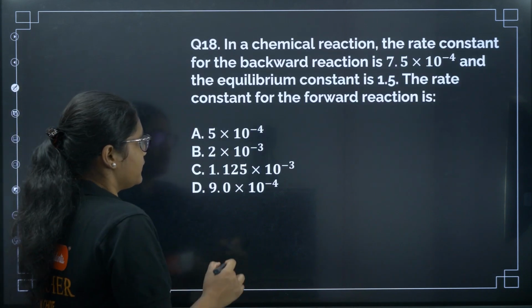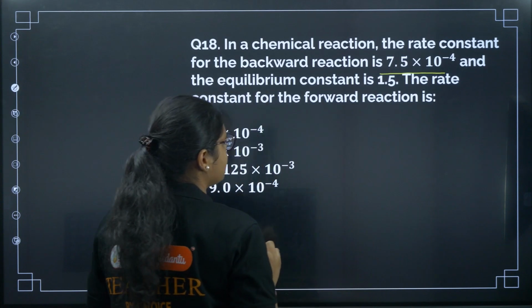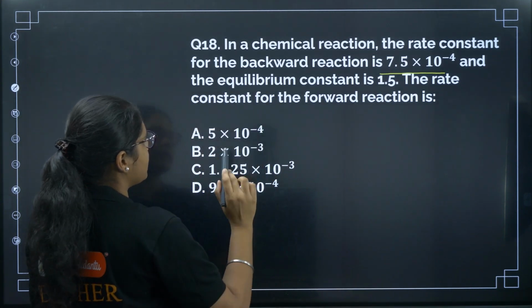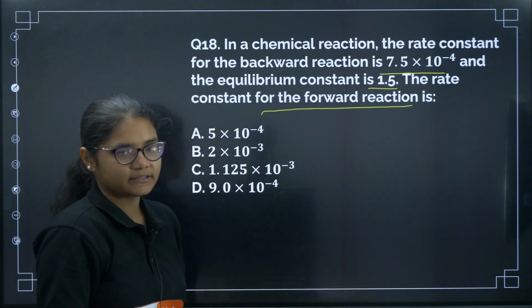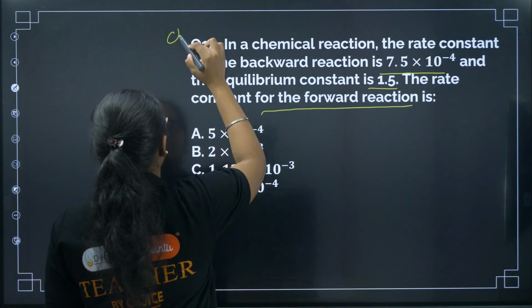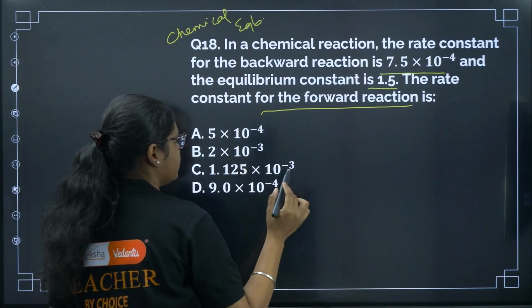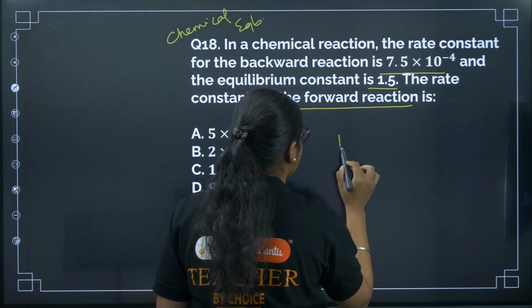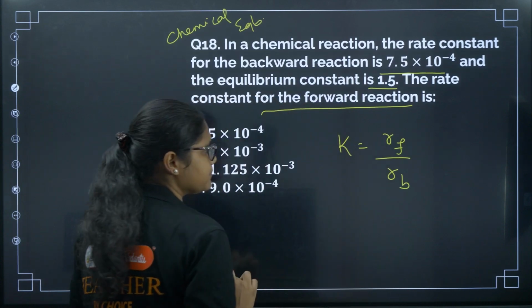Next one. In a chemical reaction, the rate constant of the backward reaction is 7.5 into 10 to the power of minus 4, and the equilibrium constant is 1.5. The rate constant of the forward reaction is? So this question is again from your chemical equilibrium. Okay, easy question. We know equilibrium constant is equal to rate constant of forward reaction by rate constant of backward reaction.